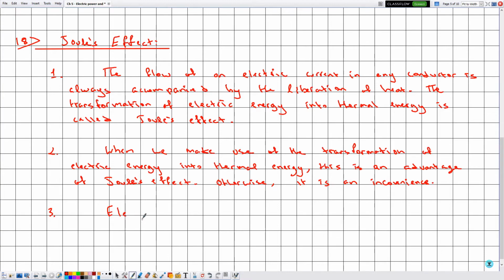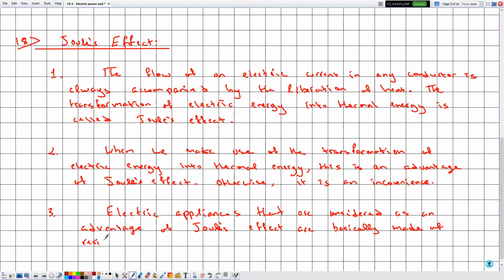Electric appliances that are considered as an advantage of Joule's effect are basically made of resistors, because we know that a resistor is an electric component that transforms electric energy into thermal energy.